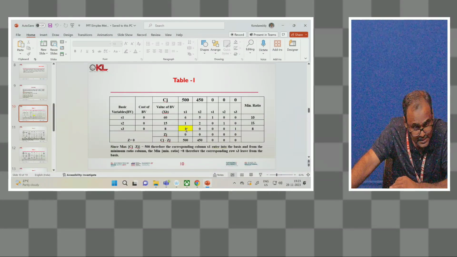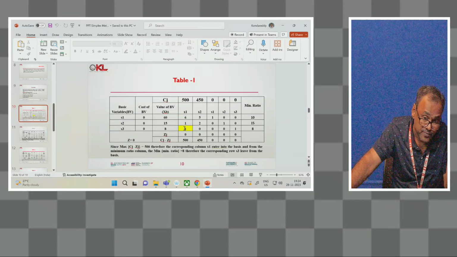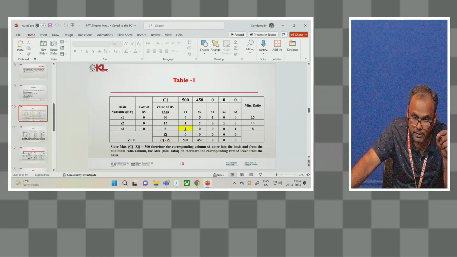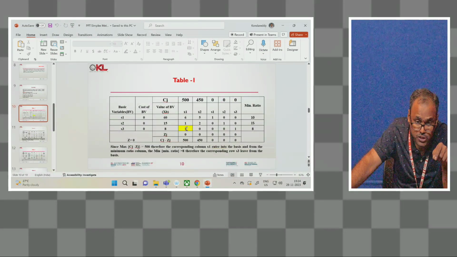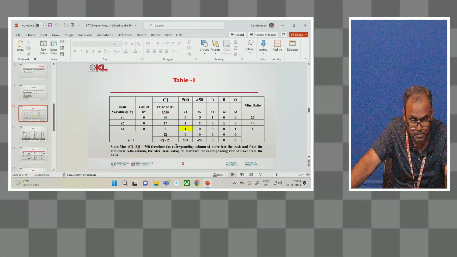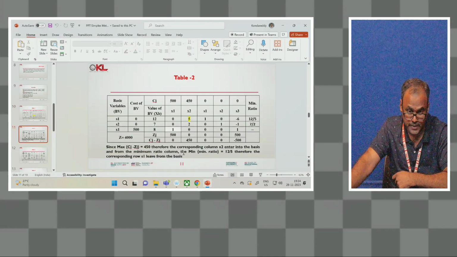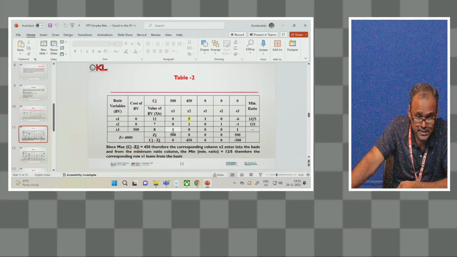Our objective in the next table is that this location's value should become 1. If it is 1, there is no problem. If not, it becomes 1 by dividing by the same number. The corresponding column values become 0, which we are going to attempt. That means we are simply doing a matrix inverse to get the identity. Is it clear?